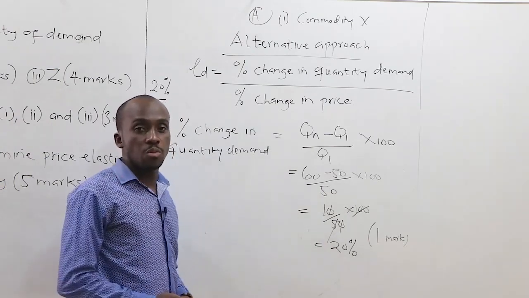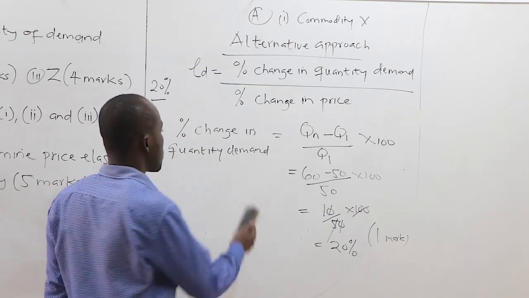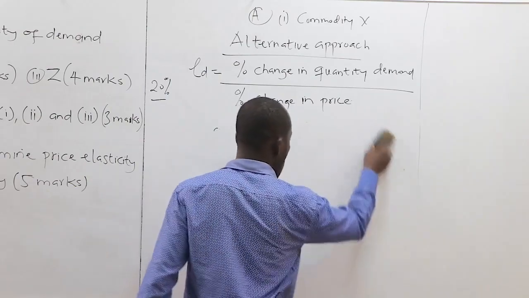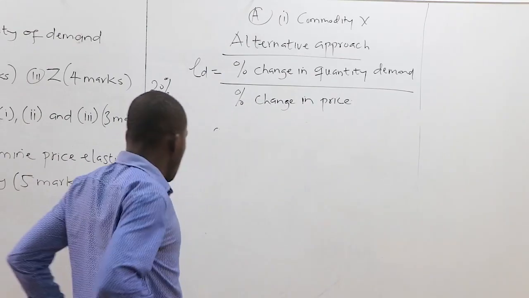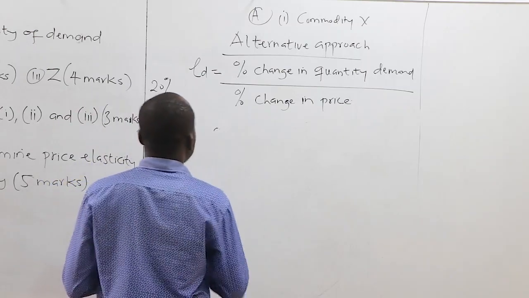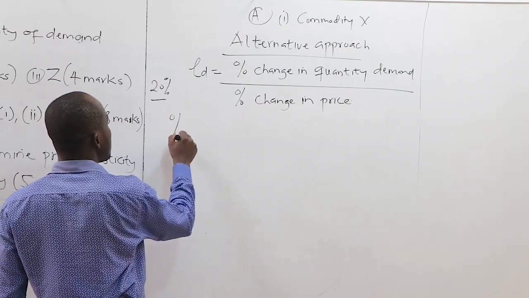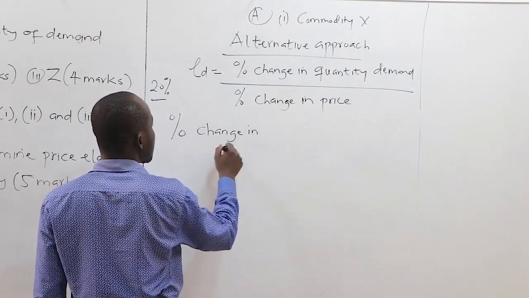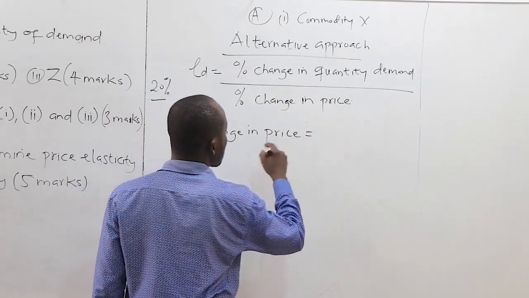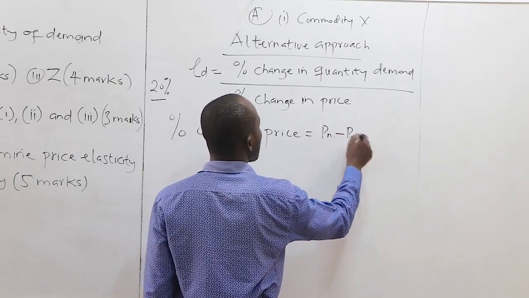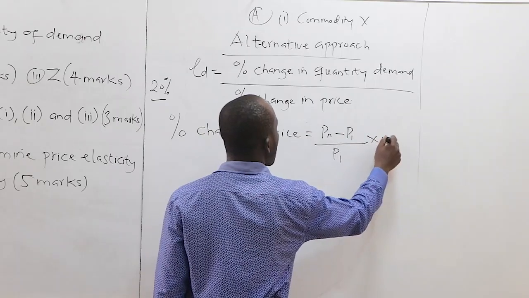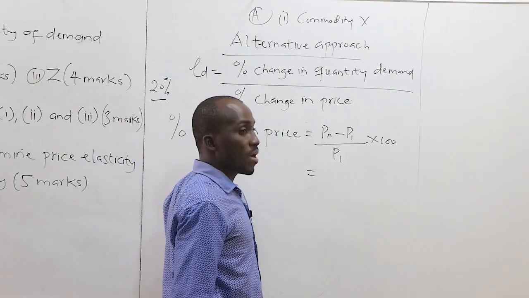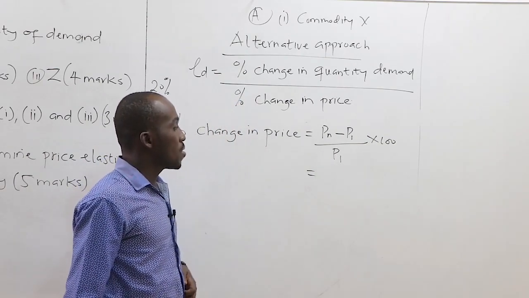Let's do that for price too. The percentage change in price is also equal to the new price minus the initial price, divided by the initial price, times 100.